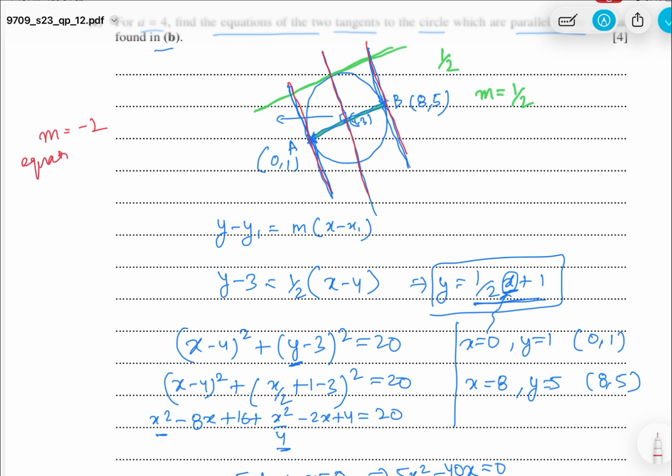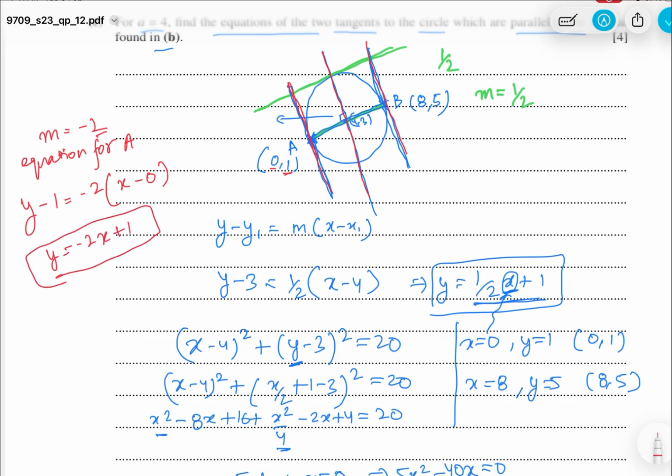So equation for A would be y minus y1, that is 1, equals to m times x minus x1, that is 0. Yes or no? Which would give me y equals to -2x plus 1. This is the equation of this tangent.